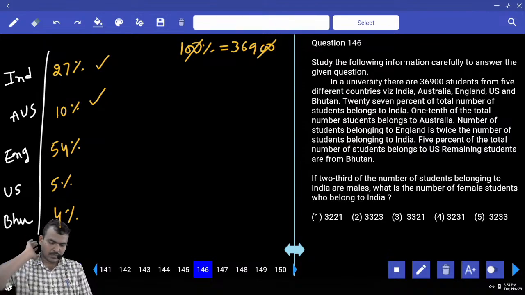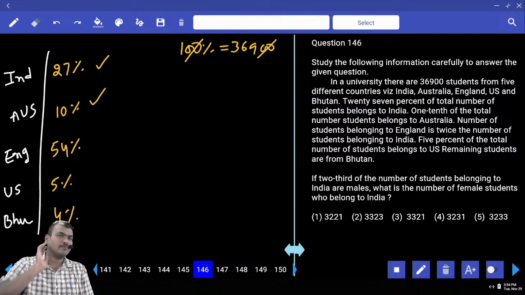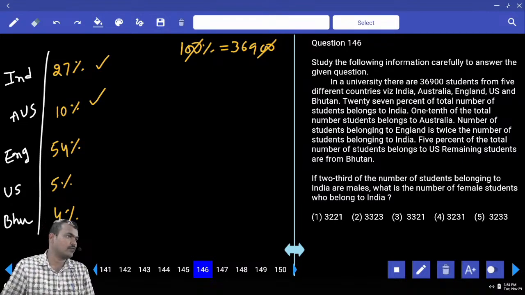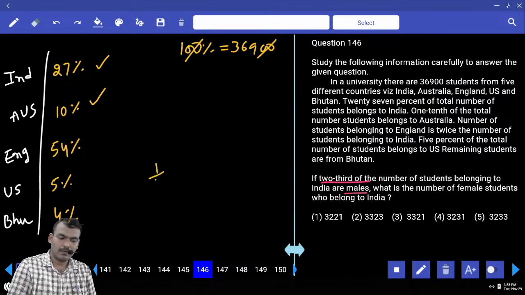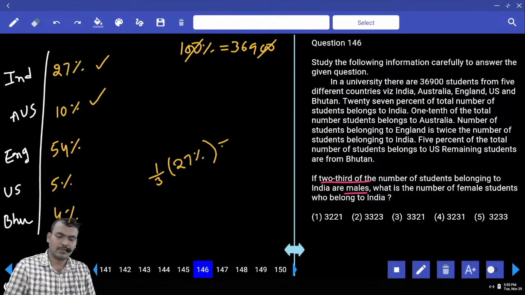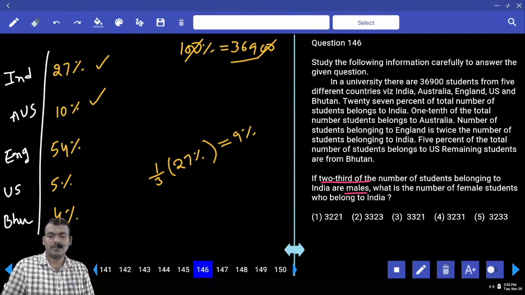What is the first question? If 2/3 of the number of students belonging to India are which one? Males. What is the number of female students who belong to India? 2/3 are males. Remaining 1/3 are female. 1/3 of which one? 27%. 1/3 of 27 means 9%. 9 into which one? 369.